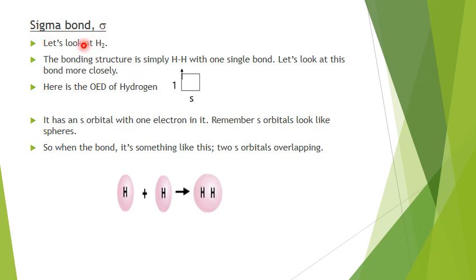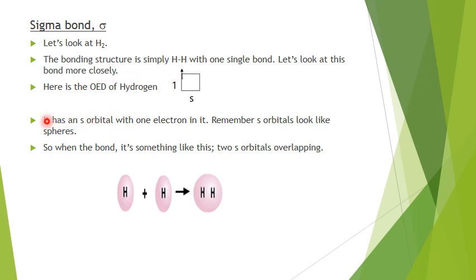We're going to look at hydrogen, H2. First of all, let's look at the orbital energy diagram. For H2, the bonding structure is simply H with one bond, H. That's it. There's one shared pair of electrons. The orbital energy diagram for one of the hydrogen atoms is a 1s, with the arrow inside here.